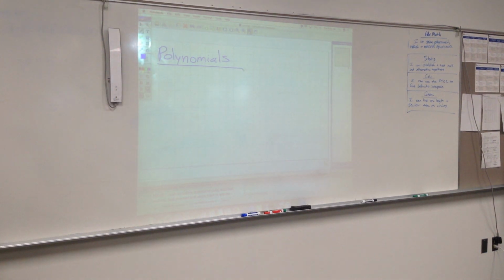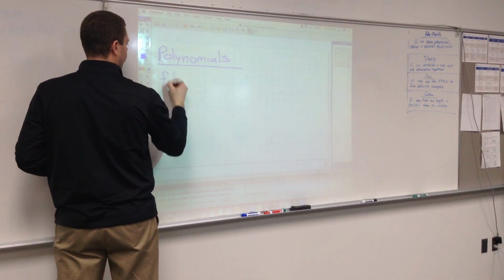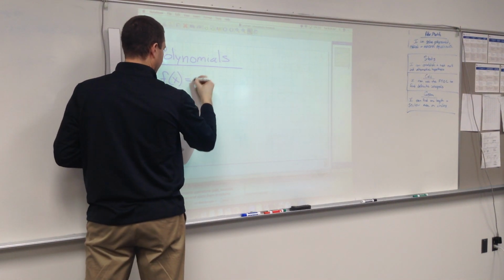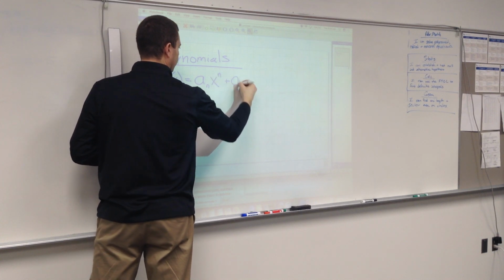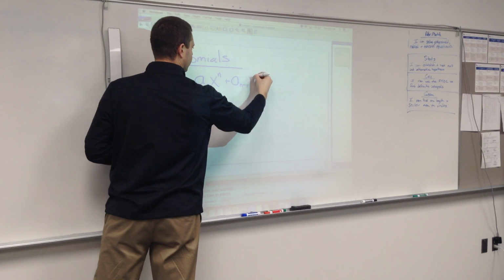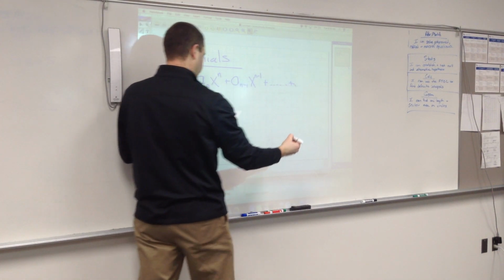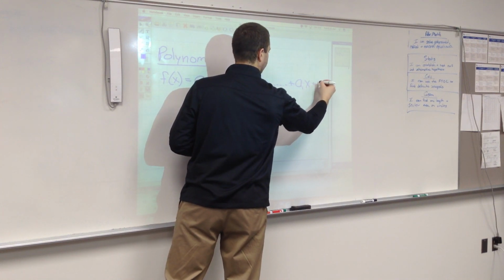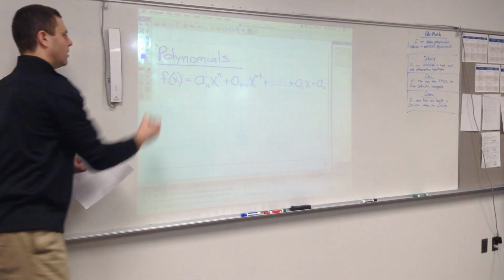Polynomials. They usually have this form. F of x equals, and you're going to see a lot of variables here. A sub n times x to the n plus a sub n minus 1 times x to the n minus 1 plus dot dot dot all the way down to a sub 1 times x plus a sub 0.